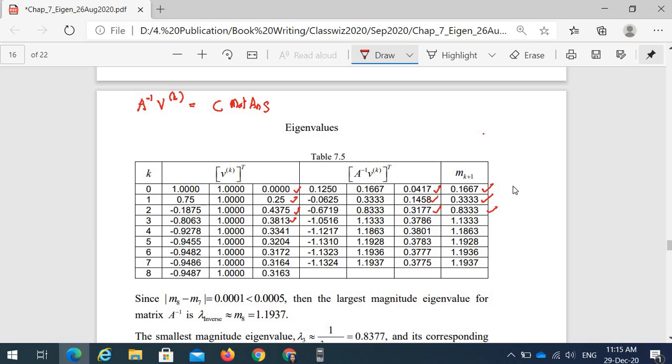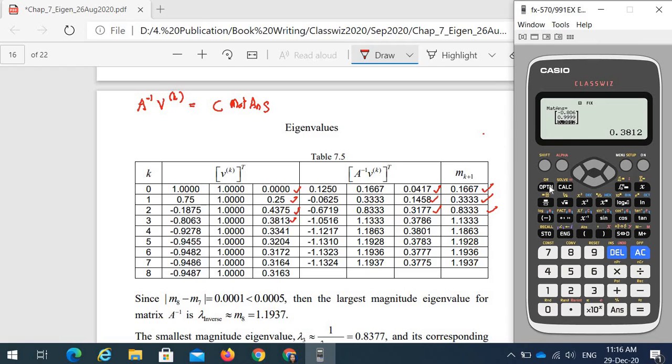To do A inverse Vk, only the first step, A inverse V naught, you use C times your matrix P. Later on, V1 is stored in max answer. So that's why we always use C times max answer.